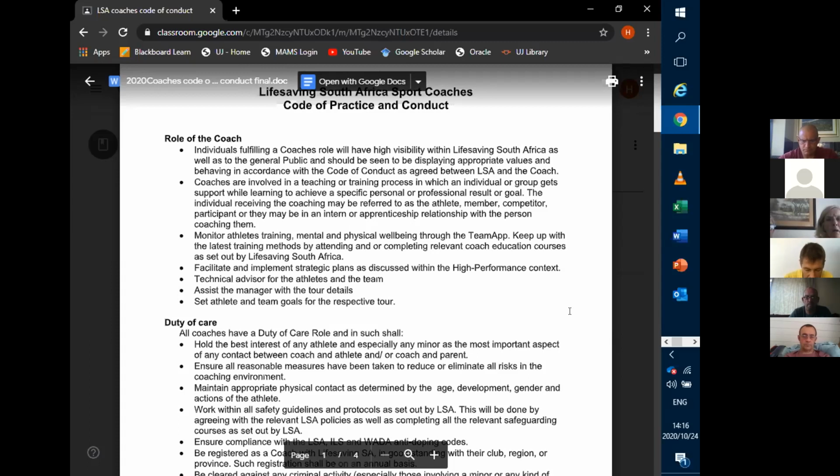As a coach, you also have to monitor athletes' mental and physical well-being, because that's important. You can't train someone that's not fit enough or force someone into a position where they are sick. Facilitate and implement strategic plans and discuss them with your high performance people.